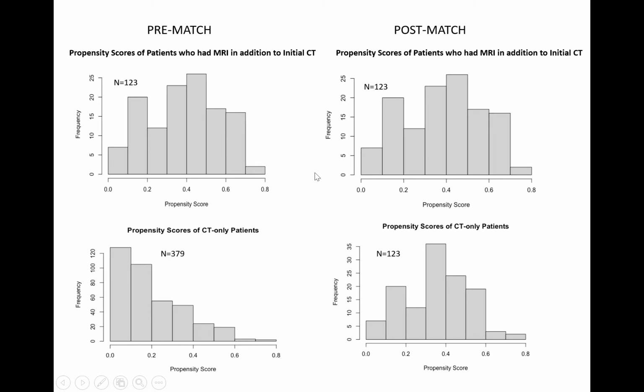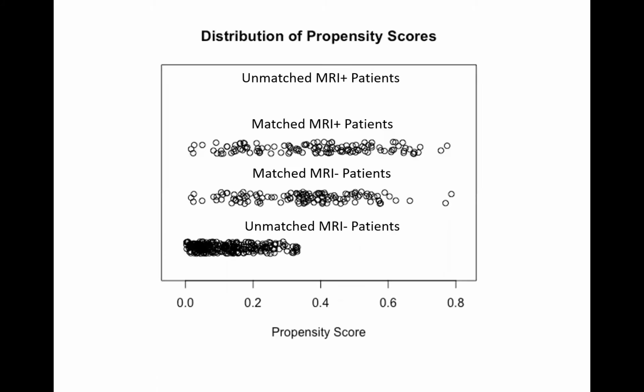But when we matched them, you actually can see that the distribution of propensity scores is very similar because we picked those CT only patients who matched the MRI patients and essentially discarded all the CT only patients who had low propensity for getting an MRI.